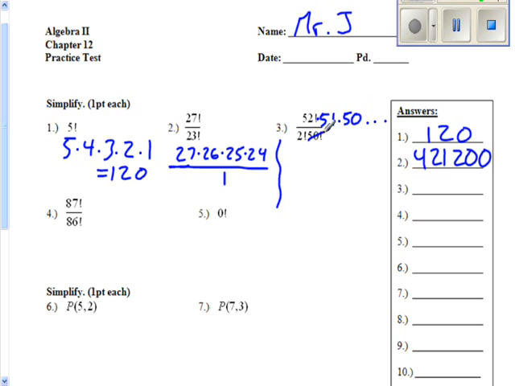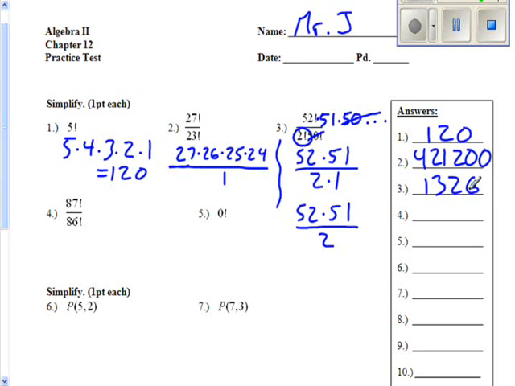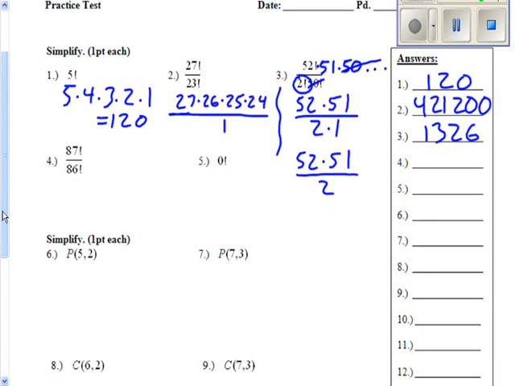And of course, everything from 50 on down is going to cancel. So we're left with 52 times 51 over the 2 factorial. I'll still have the 2 factorial, which is 2 times 1. So I've got 52 times 51 divided by 2. And when I plug that into my calculator, I get 1,326.